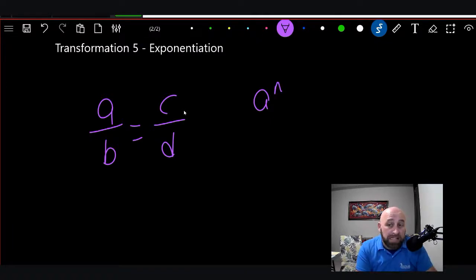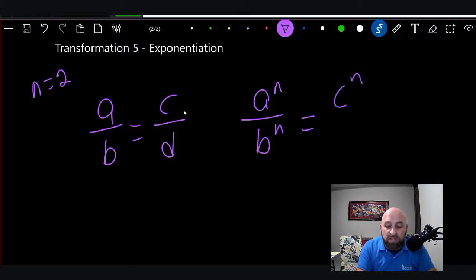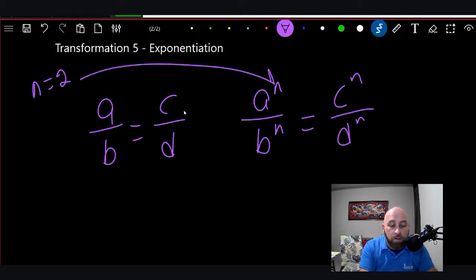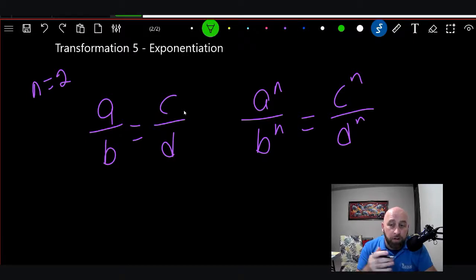So if we say n equals 2, then all of them have a 2 as the exponent. Well, now again, our value changes, but if you watch, our new proportion stays proportional. It doesn't lose its proportionality.